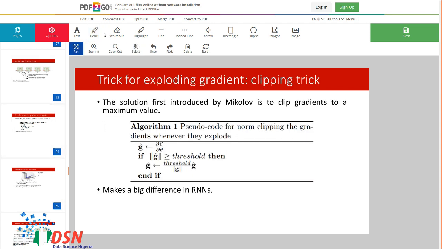The trick for the exploding gradient problem is a simple solution by Mikolov: clip gradients to a maximum value.